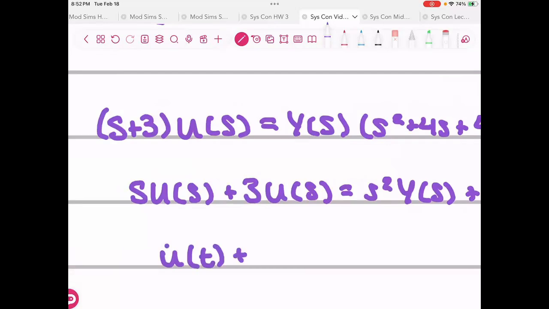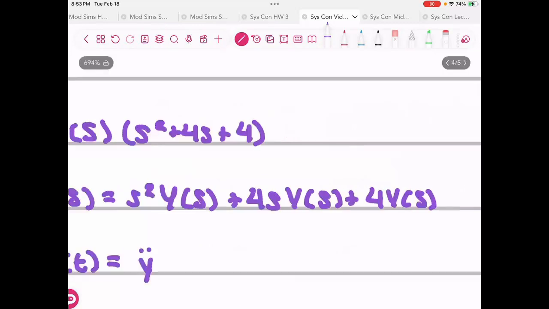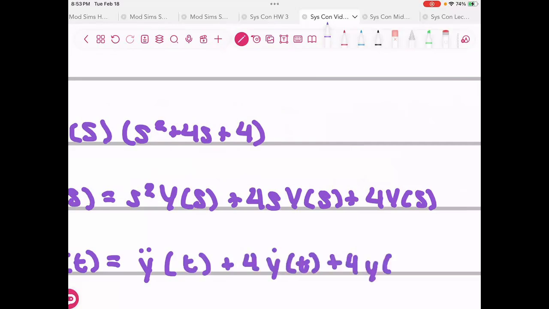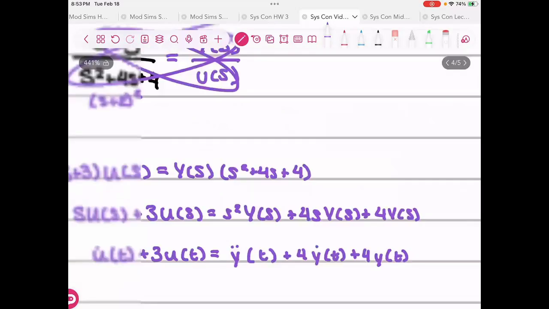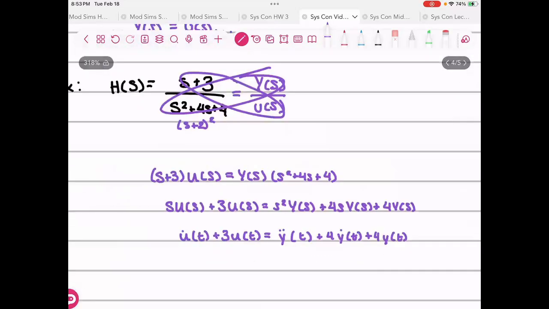So this plus 3u of t equals, in this case, you have a y double dot of t plus 4y dot of t plus 4y of t. And that is your ODE representation of the transfer function.